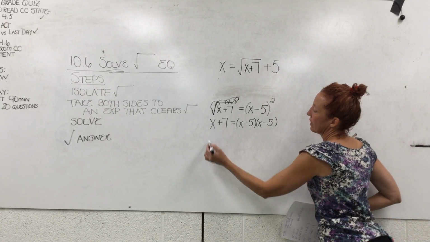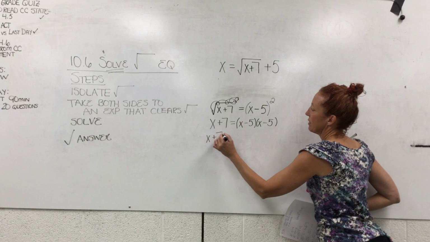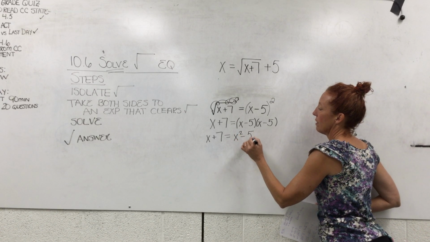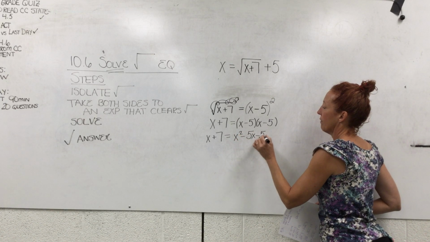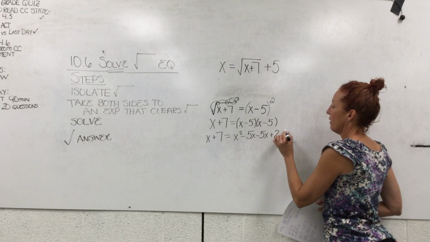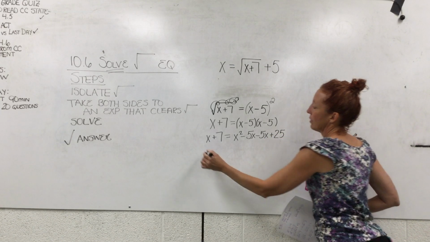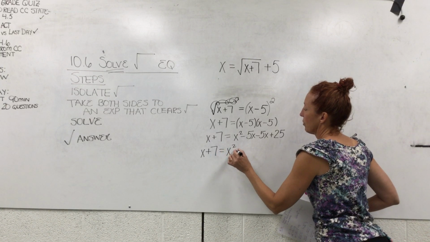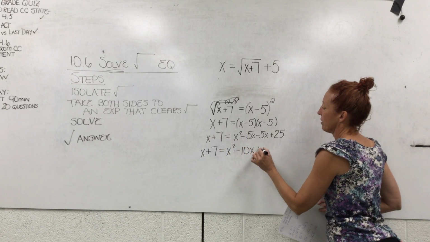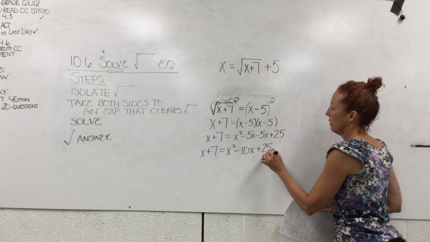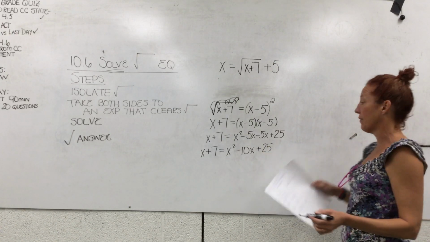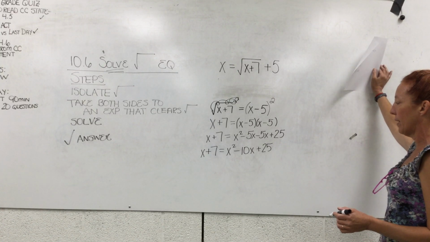So I'm going to just continue to bring this x plus 7 down. This is going to be x squared minus 5x minus 5x plus 25. And so when I gather my like terms, this is x squared minus 10x plus 25. And now I can bring these two over because I've got the right-hand side simplified.